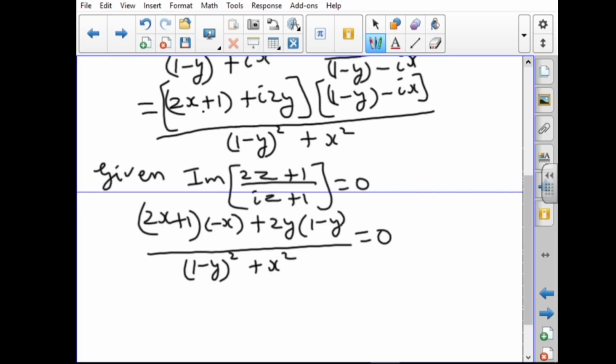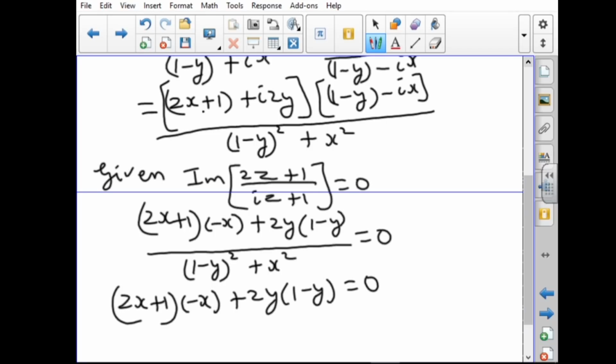Now cross multiplying, the denominator goes to the other side, so it becomes 0. So we get (2x plus 1) into minus x plus 2y into (1 minus y) is equal to 0. Multiplying this, we get minus 2x square minus x plus 2y minus 2y square is equal to 0.